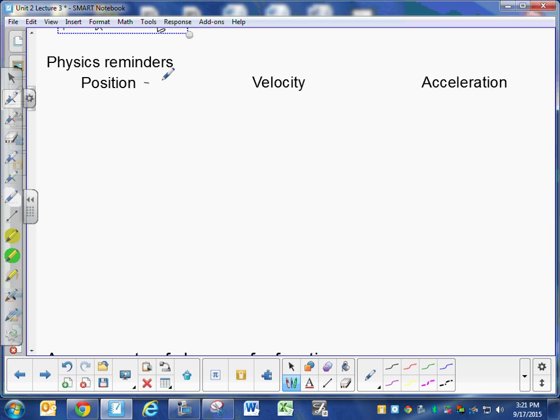Position, typically, we will use the function x of t or s of t. Very important. Everybody, usually the first time they think about position, they get really confused. They think it's how far you've traveled. Position is just where you are located, not how far you have traveled.